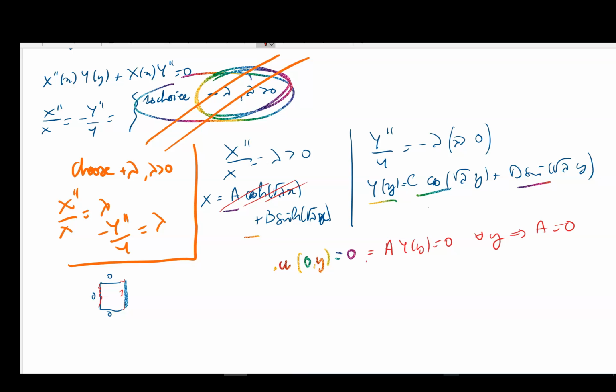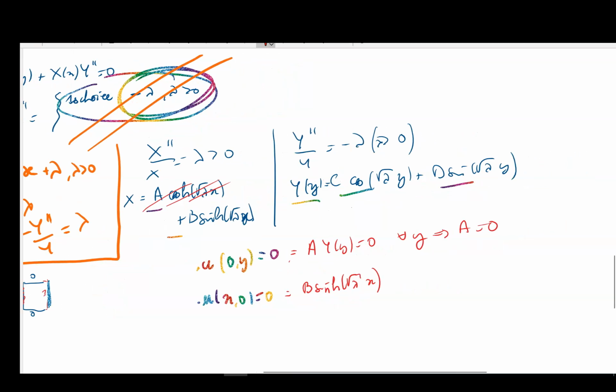And then what else do I have? Well, the two others. So u of x,0 is equal to 0. So that's b sinh of square root of lambda times x times c cosine of square root of lambda times 0, which is just 1.